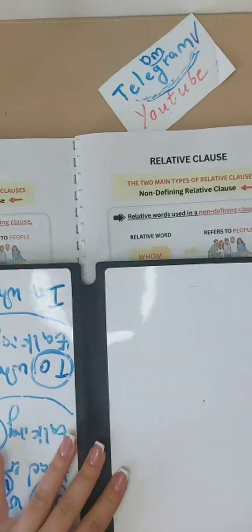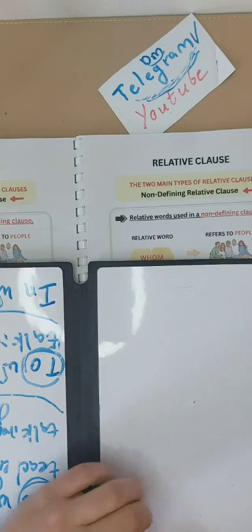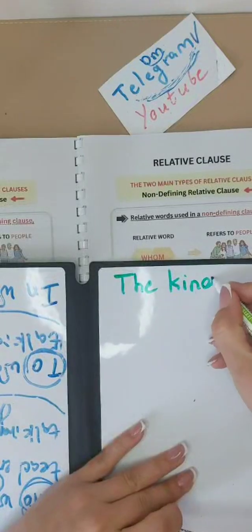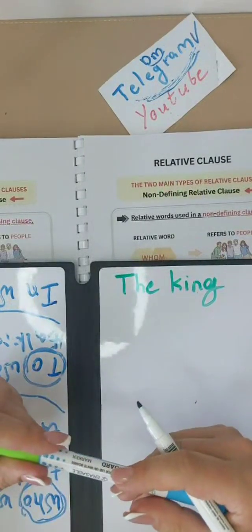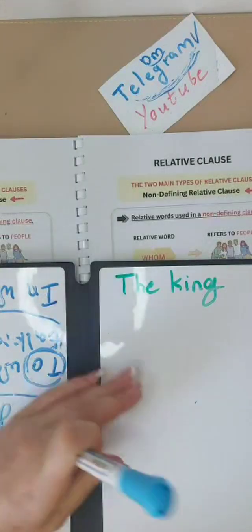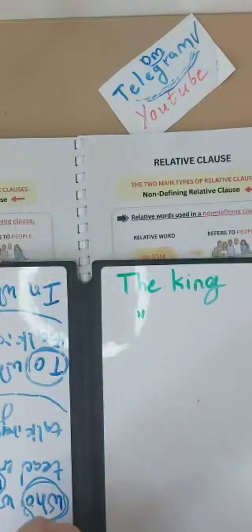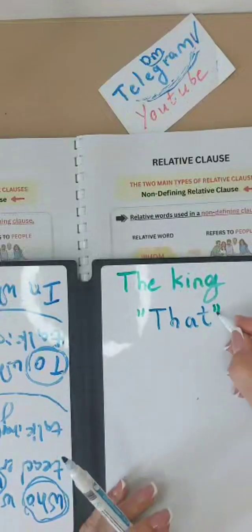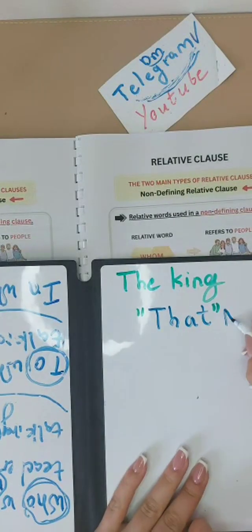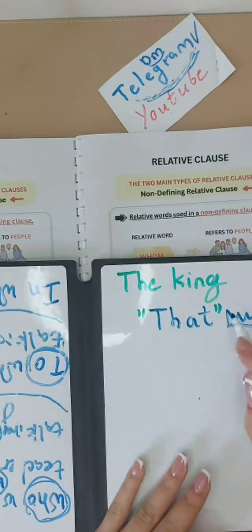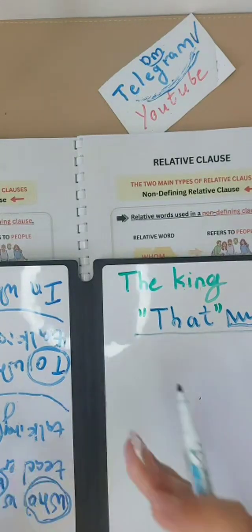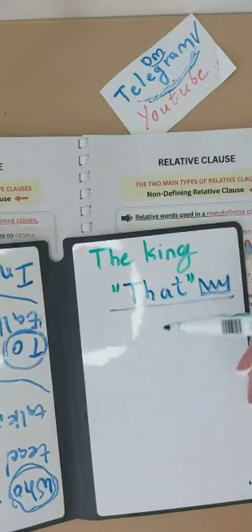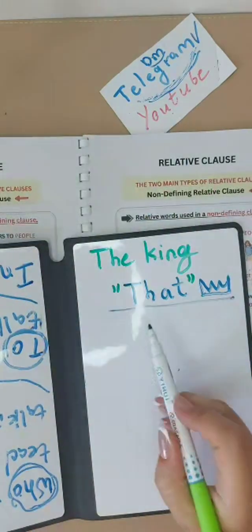When it comes to the king, I always tell you that I call the relative word that the king of the defining relative clauses, the king of the relative clauses. Why? Because we can replace almost all the relative words with that.